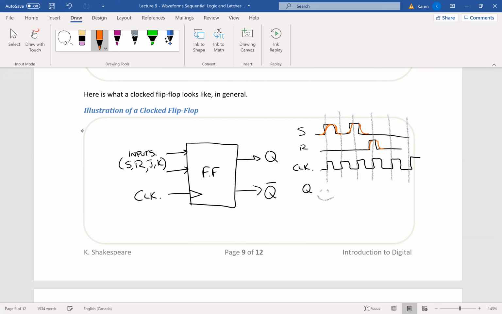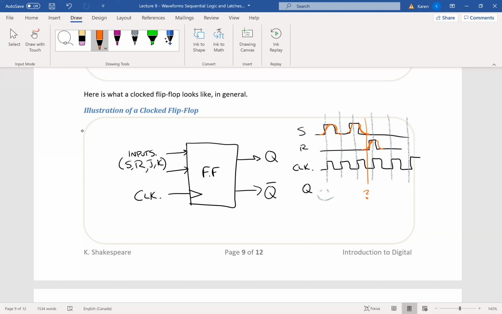So there's a little bit of a lag in the signals that go into these systems. Here S is falling a little bit, R is rising a little bit.